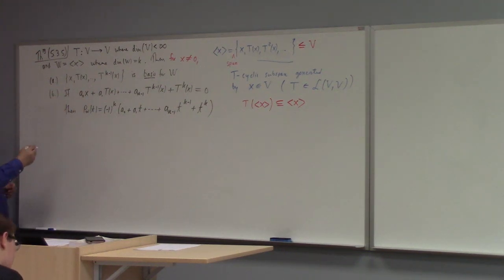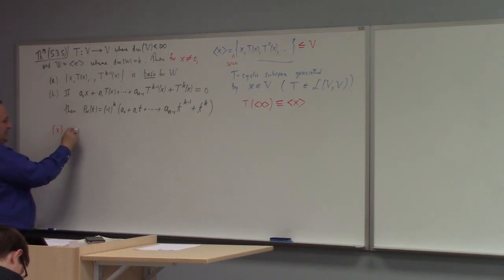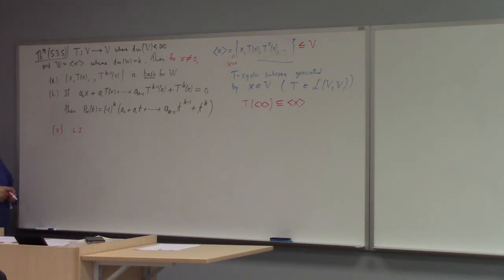So the argument goes something like this. First of all, if you look at the set just containing x, this is linearly independent, right?